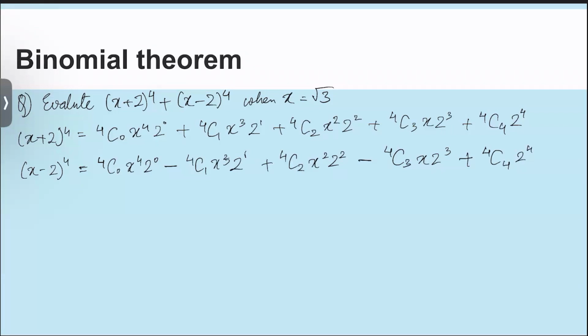Over here you can see that this term and this term cancel out, while this term and this term cancel out. Therefore, (x + 2)^4 plus (x − 2)^4 can be written as, there are two terms of each, so 2 into 4C0 x^4, where 2^0 becomes 1, so leave it at that.